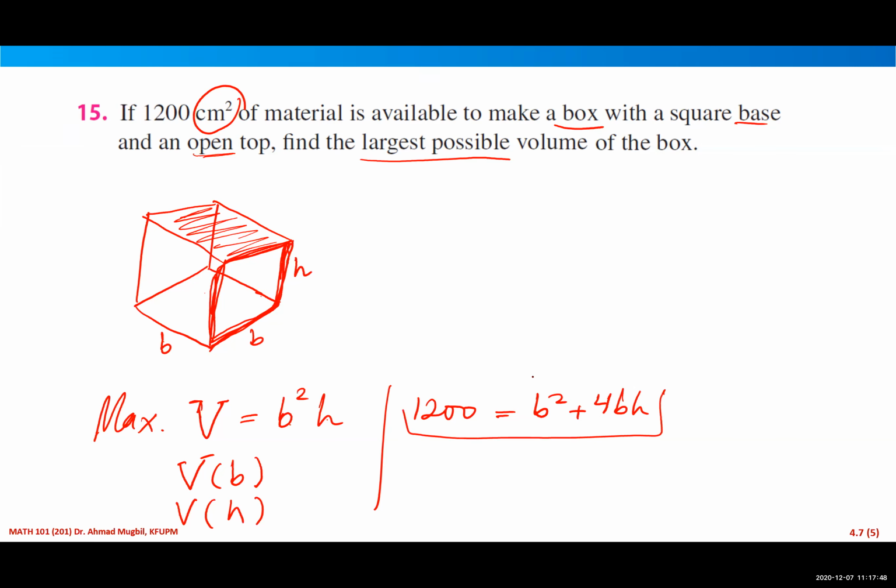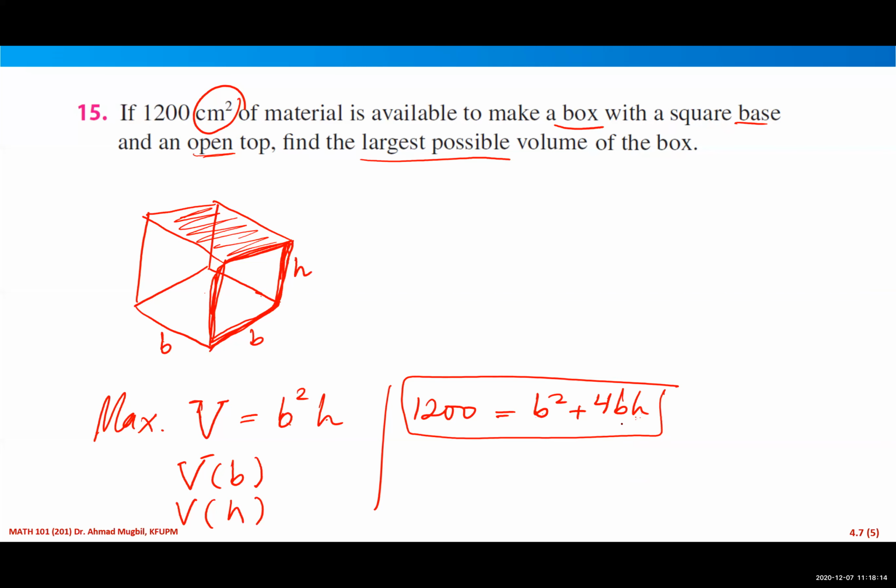Now I will use this relationship to eliminate h or b. Which one is easier to be eliminated here? Is it easier to solve for b, or for h? What do you think? For h, because we can take b as a common factor. For b it is quadratic, for h it is linear, so it is easier to solve it for h.